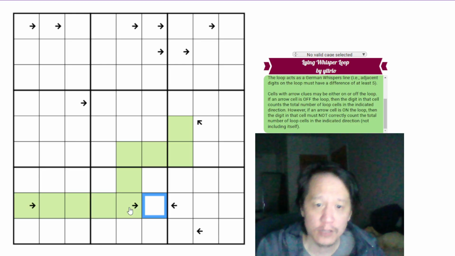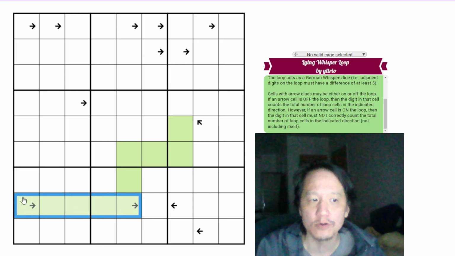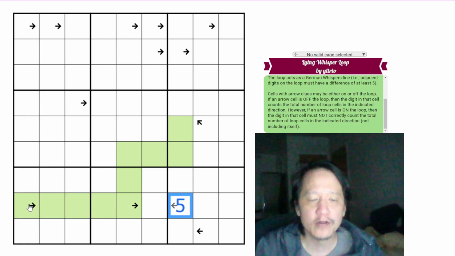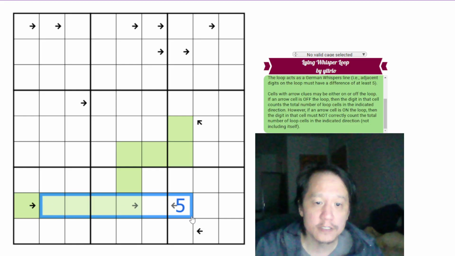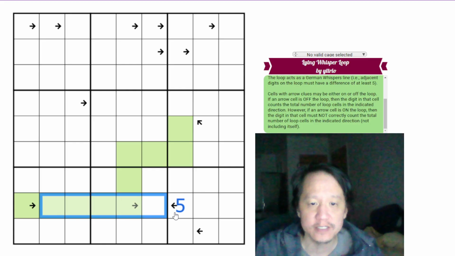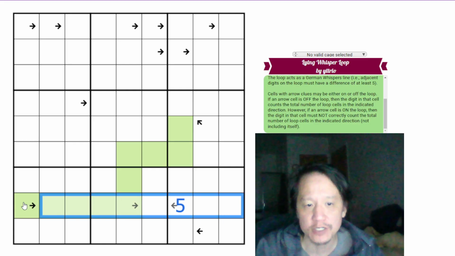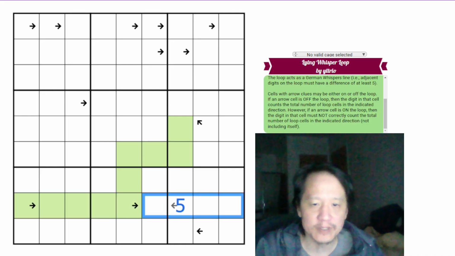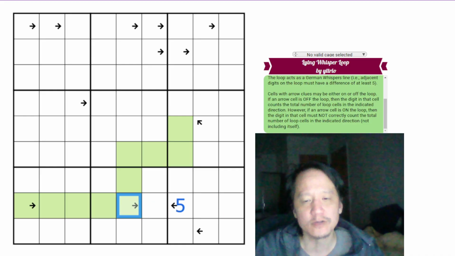That would not include that one because it's not on the loop, but it would include all 5 of these. So then this would have to be a 5. On the other hand, this cell cannot total the amount of cells that it sees on the loop in this direction. That would be 4 because it's those 4, so this could not be 4, but it could be any other number. And this one could not be 0, but that's fine because it could be any other number.